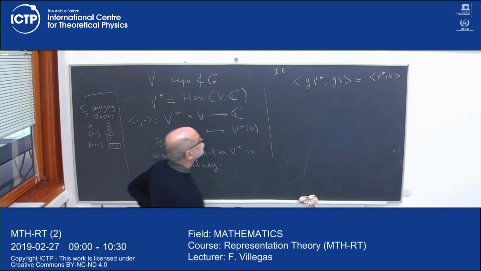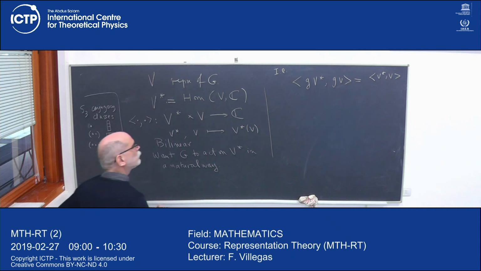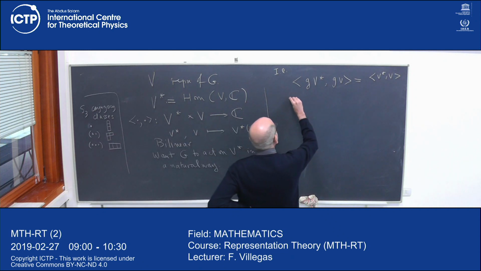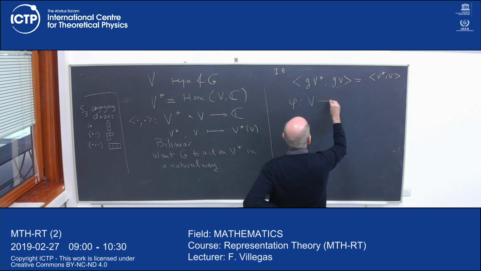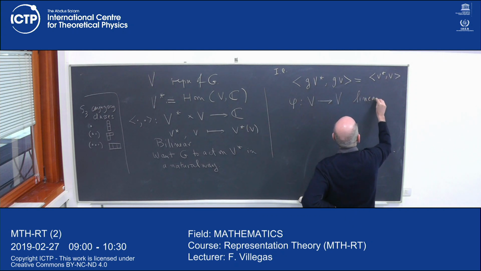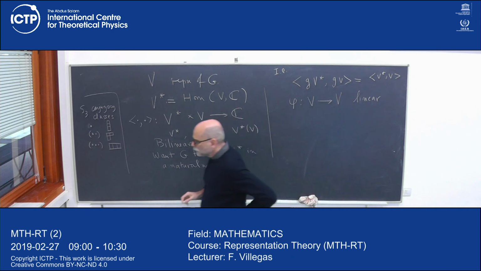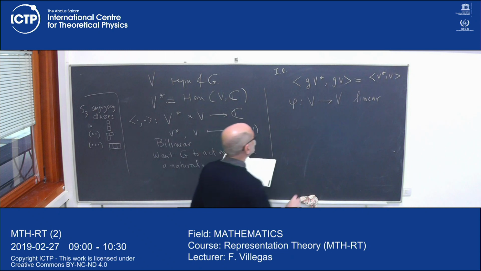So this is going to be a bit of a formal game. So this first is the fact that if we have any linear map phi from V to V, we can define a map transpose from V dual to V dual.